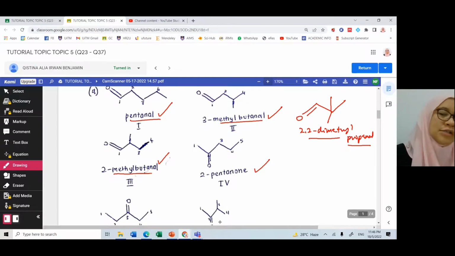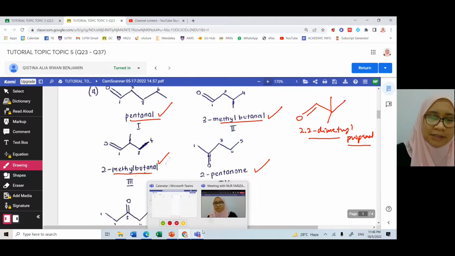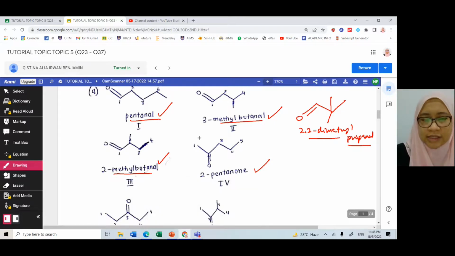The iodoform test is quite specific. It is referring to a methyl group, and then the other requirement is the carbonyl group.